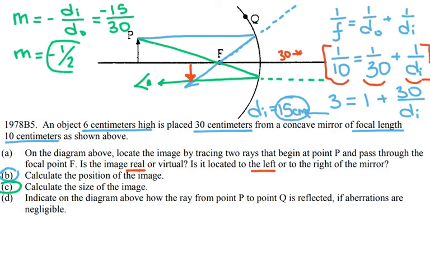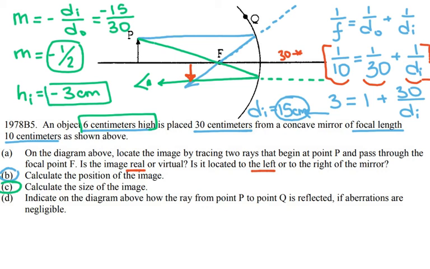Negative tells me that the image is inverted, and again, if it is inverted, it is real. And 1/2 tells me the size of the image is 1/2 the size of the object. So the height of the image is 1/2 of the height of the original object, which would be negative 3 centimeters. And again, negative means that the image is inverted.